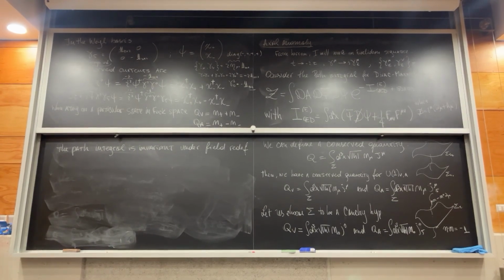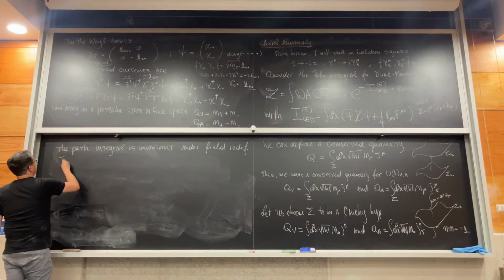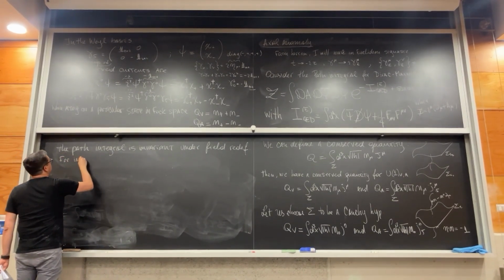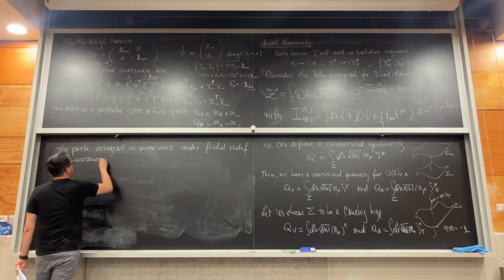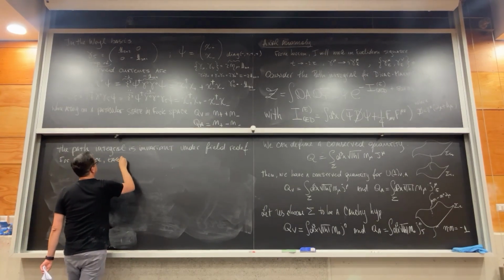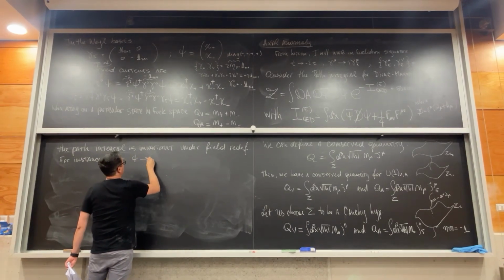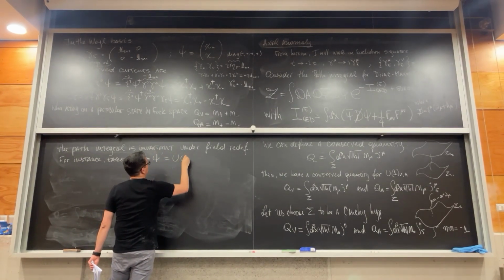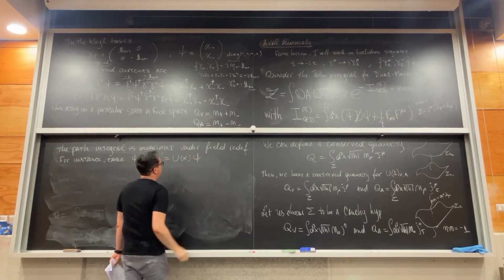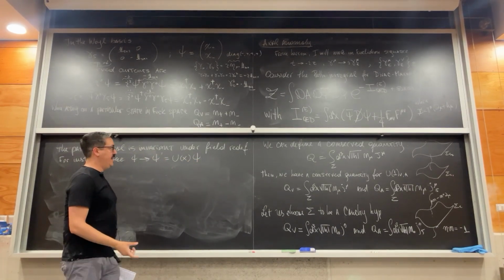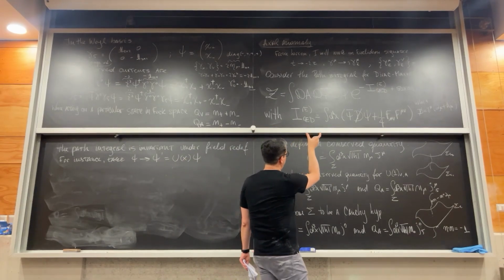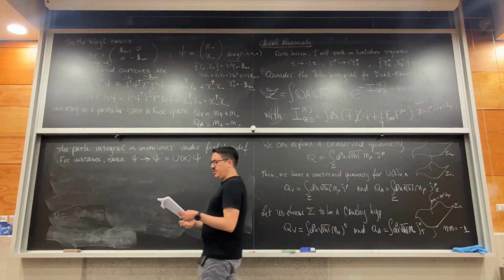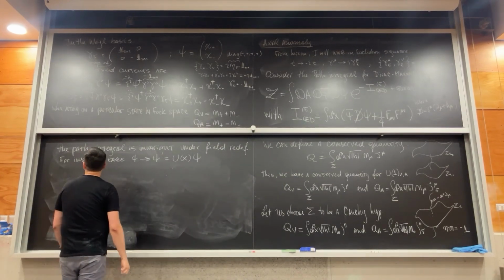So if I take, for instance, psi going to another one, call it U psi, then I need to perform a transformation of the measure and a transformation of the action, but at the end of the day, the path integral should remain invariant.